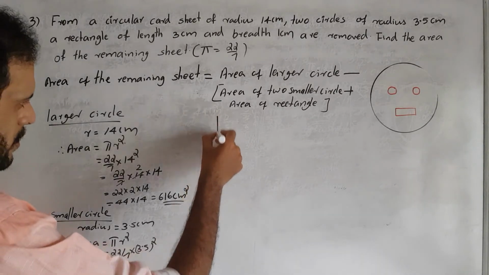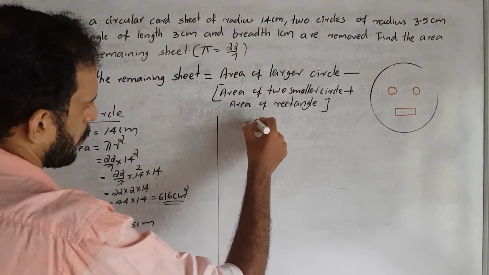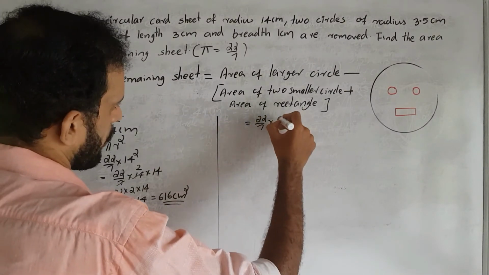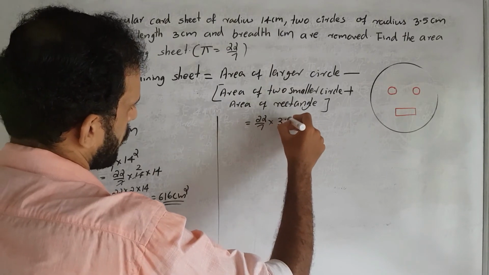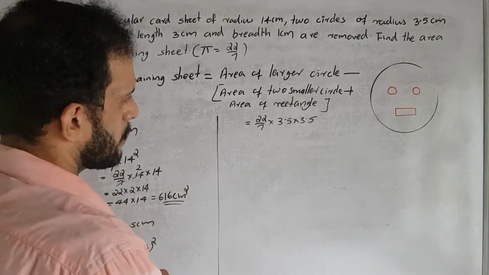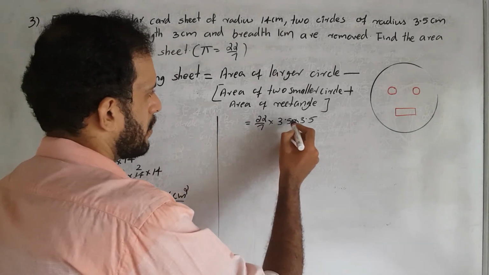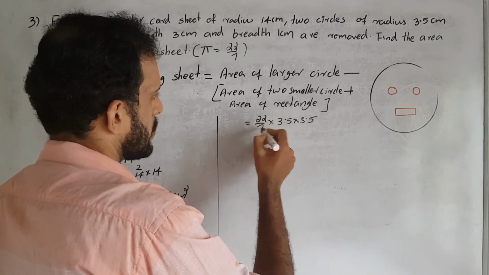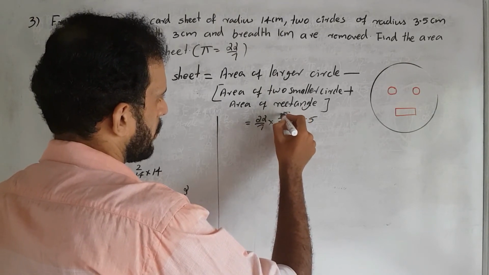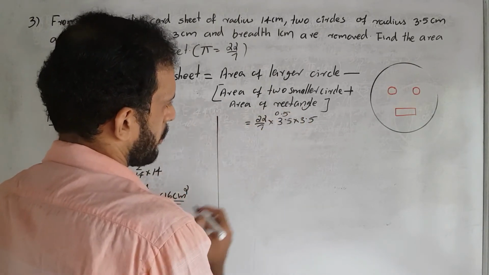Correct? 22 by 7 into 3.5 whole square. Then what do you get? Is equal to 22 by 7 into 3.5 square is 3.5 into 3.5. Correct? Then it's possible to divide 7 and 3.5. 35 how many times? Yes, 5 times. We want to put the decimal point after one digit, then here 0.5.